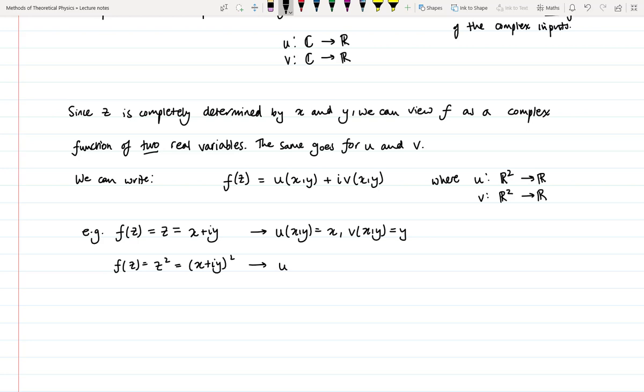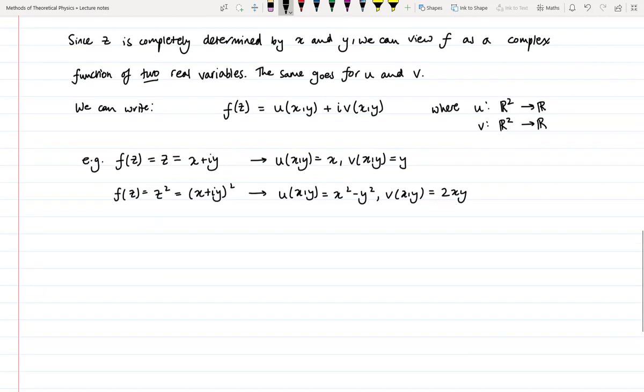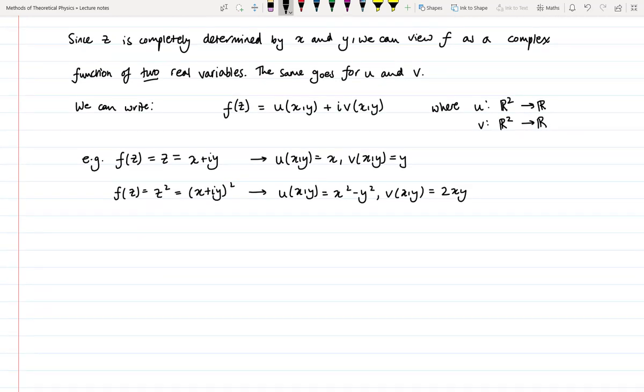And I'll leave you to do this, but if you multiply that out, you find that the real part is x squared minus y squared, and the imaginary part is 2xy. Given this connection, we will see that insights from multivariable real functions will be useful when studying complex functions.